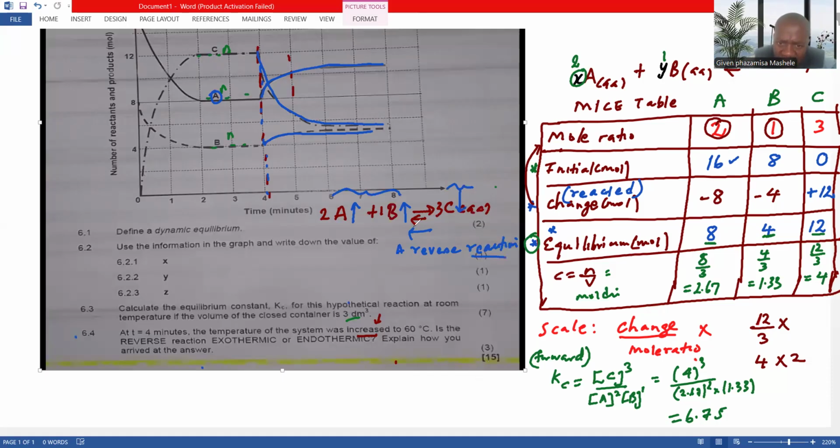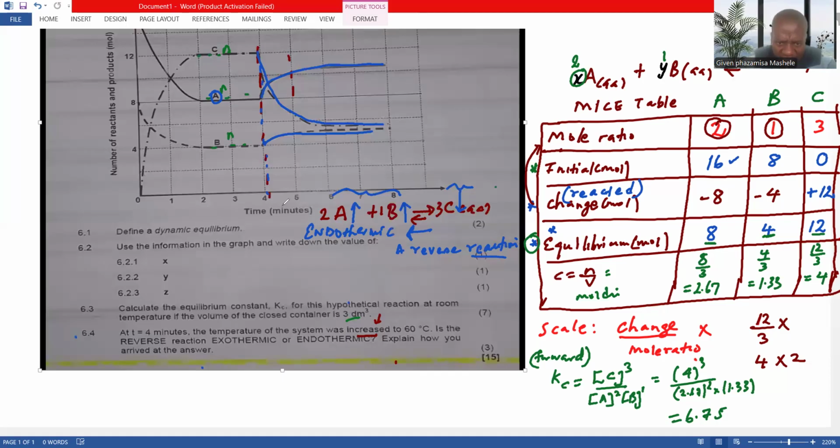And since the reverse reaction is the one that is favored when we increase temperature, it means this side is where we have endo. Because remember, increasing the temperature always favors the endothermic reaction. By looking at this, you can easily see that both A and B had increased in number of moles, so their concentration also increased.